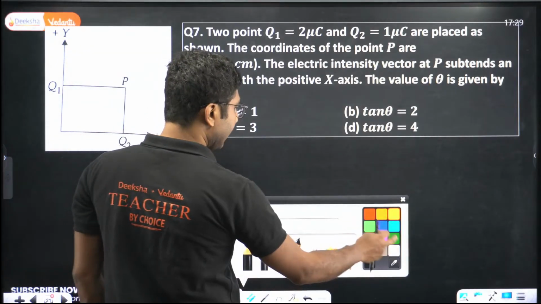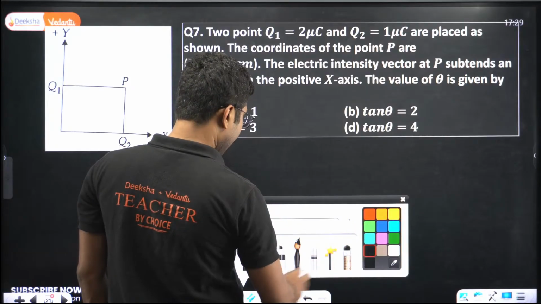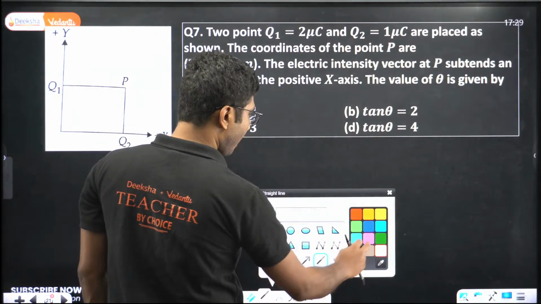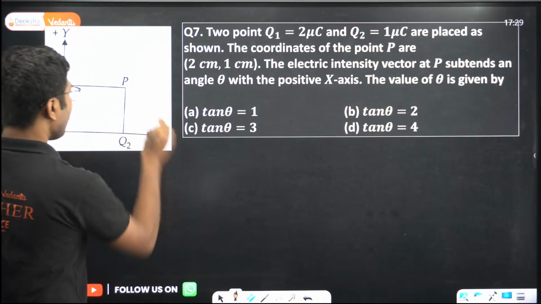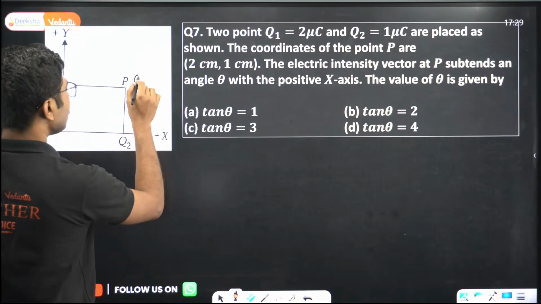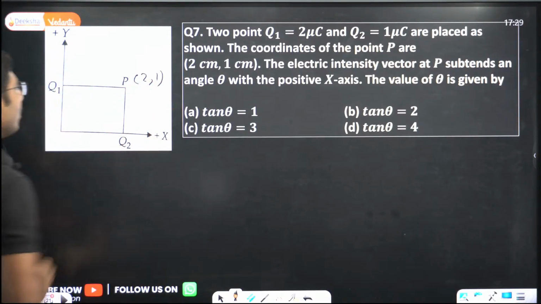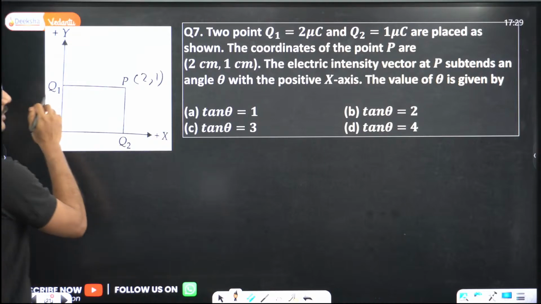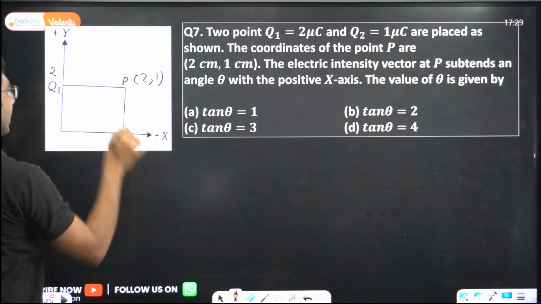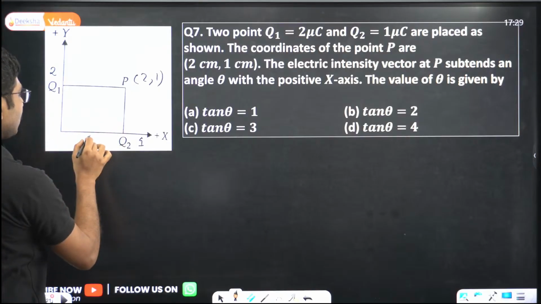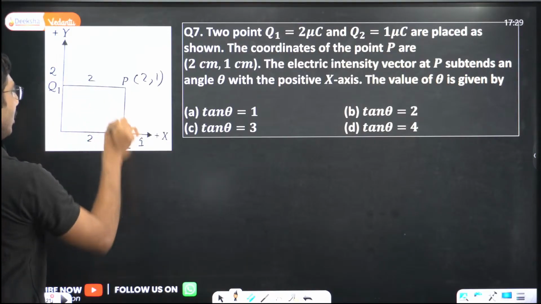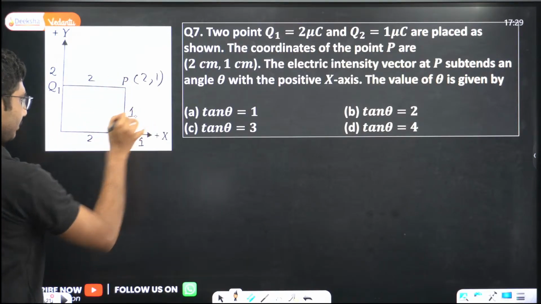So basically, don't worry about this question. Okay, so what they have said that the coordinate of this point is 2, 1. This charge is 2 microcoulomb, this charge is 1 microcoulomb. This x distance is 2, so this is 2, y distance is 1, so this is 1.